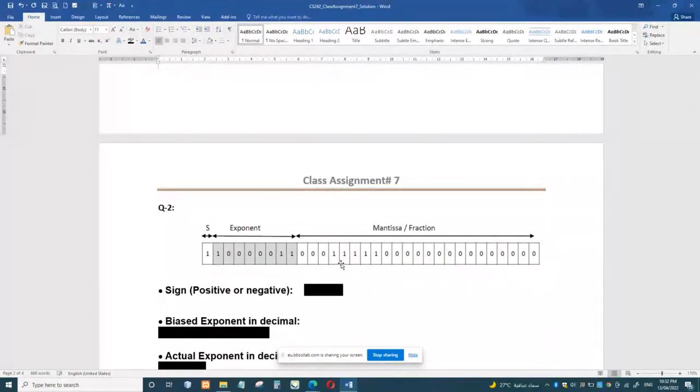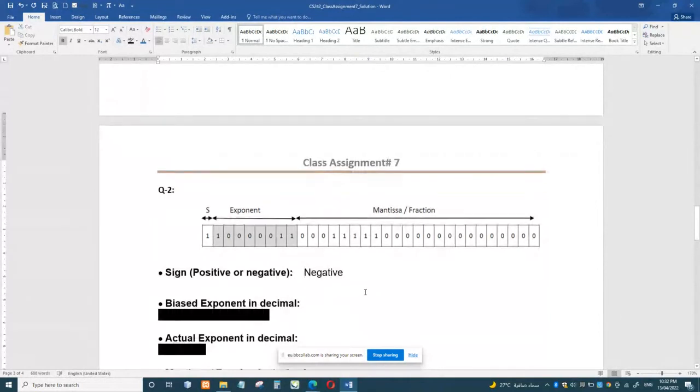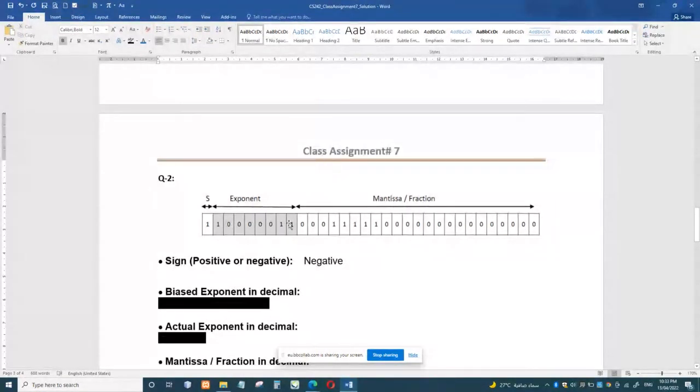You can see that your sign bit is 1. That means your number will be a negative number, not a positive number. Then you can see your 8-bit exponent: this is 1, 2, 4, 8, 16, 32, 64, 128 plus 3 is 131. That is our biased exponent, but that's not our original exponent.